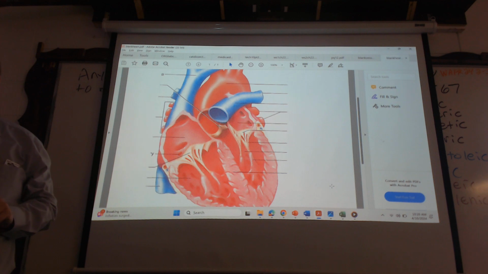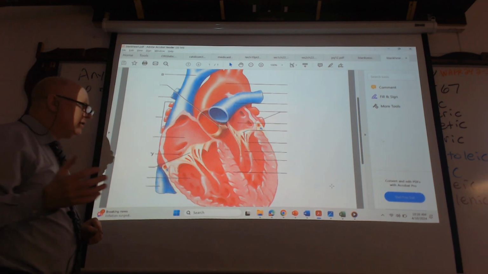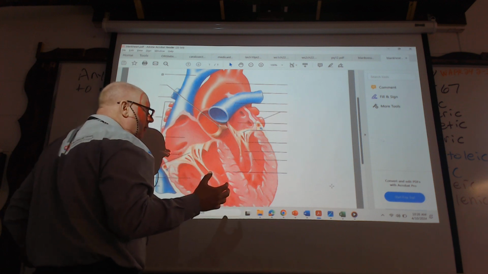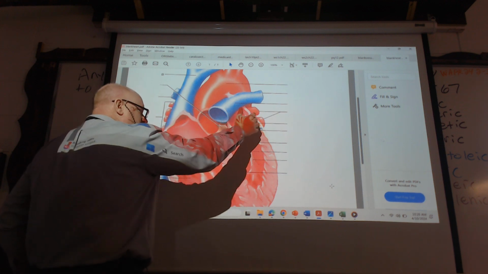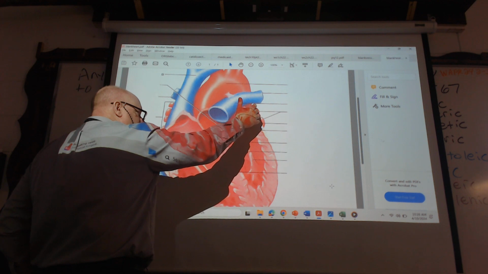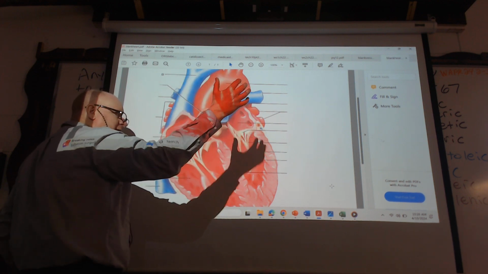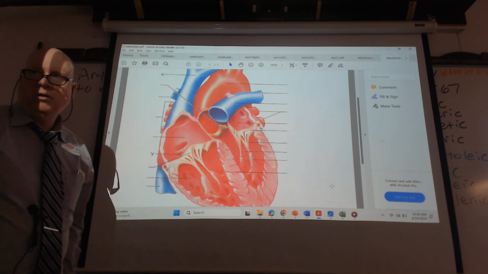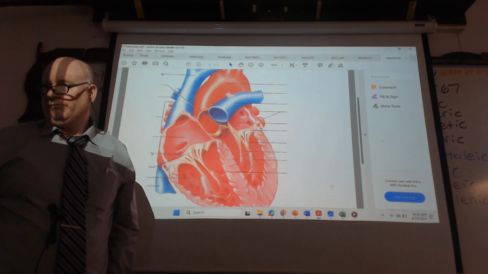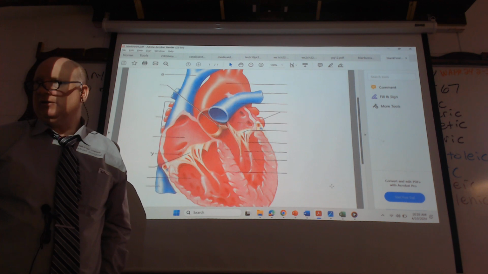Those are actually veins because it's bringing blood back to the heart. So even though these are the pulmonary veins, they're red in color, and it's still part of the pulmonary circuit. Now, that's a tricky question.